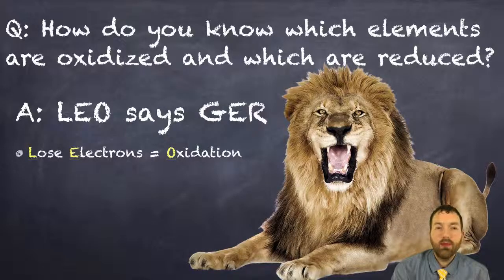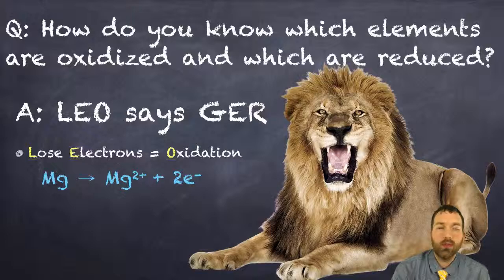So if an atom loses electrons, it becomes oxidized. So let's look at our previous example here. So I just have the half reaction for what was oxidized. I'm leaving out the sulfur part. We'll talk more about that later. But in our previous example, the magnesium atoms turned into a magnesium ion by losing 2 electrons.